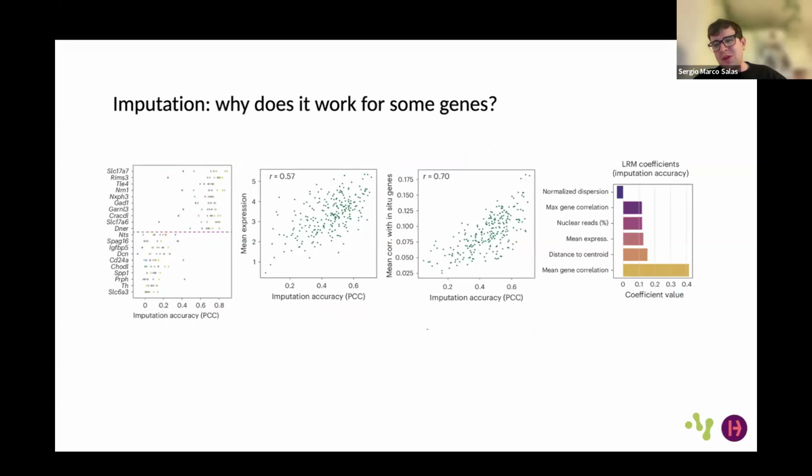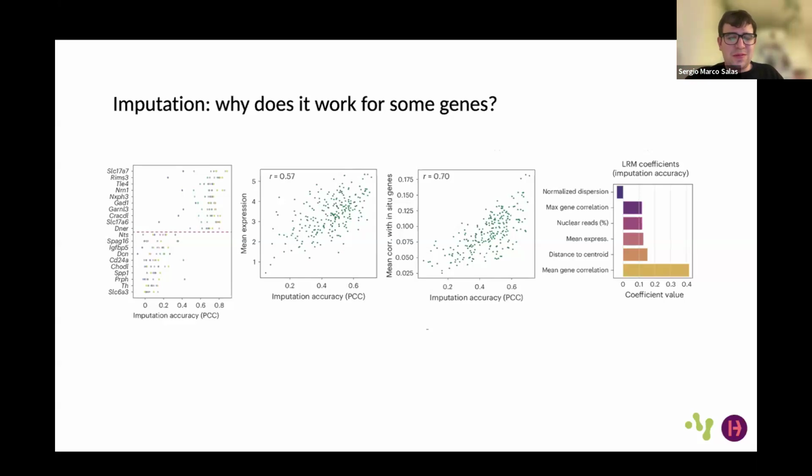For some genes we can impute their expression profile very well, and for some others we cannot impute very well or cannot impute at all, resulting in an overall limited performance of these methods, which we can also see in the overall statistics. For some genes we're very good, for some others not that good, and we were wondering why that is the case.